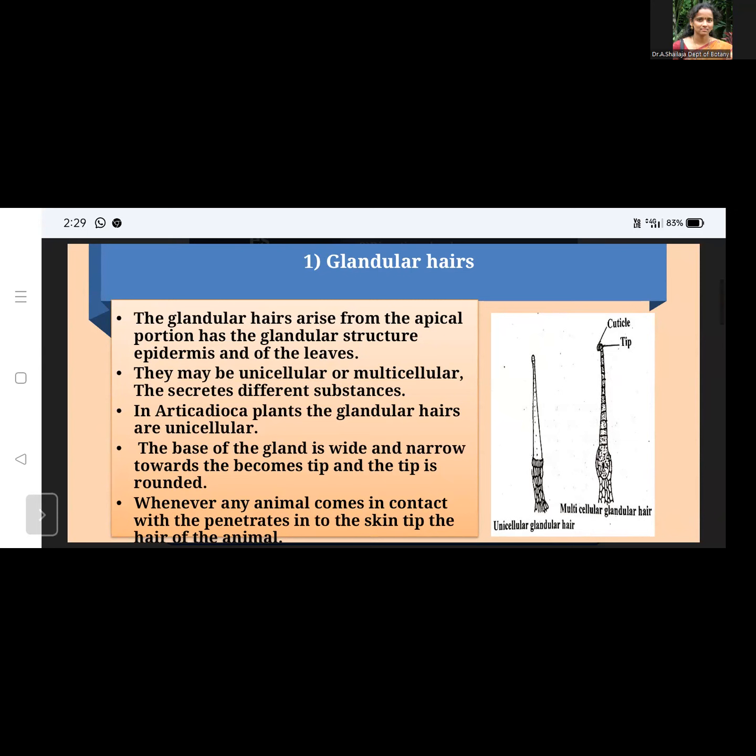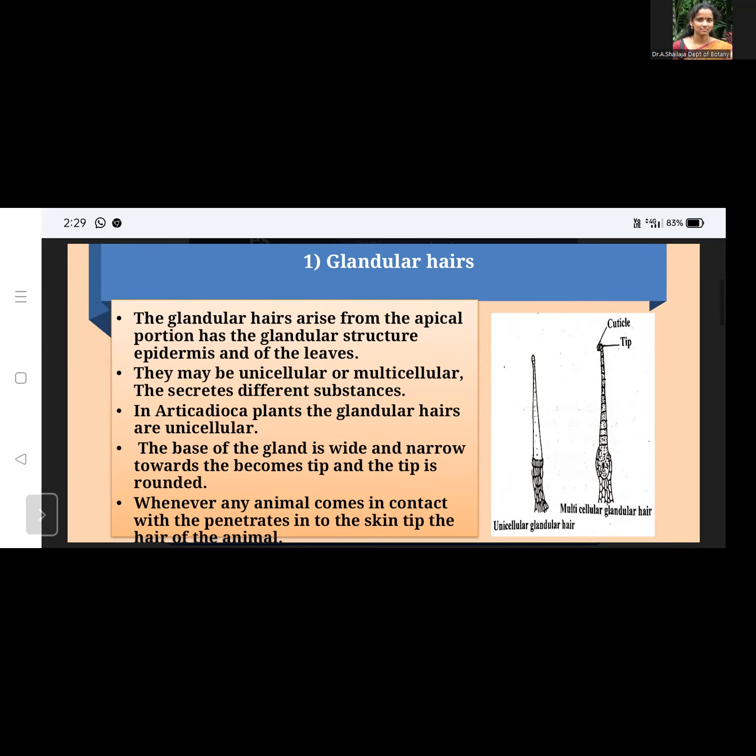They secrete different substances, that may be enzymes or essential oils.